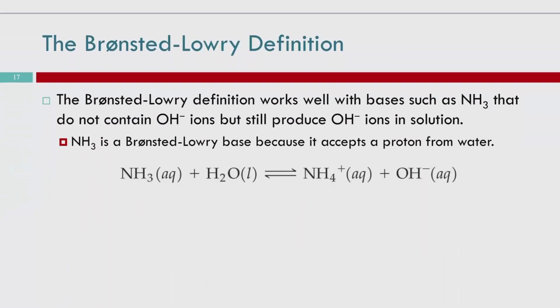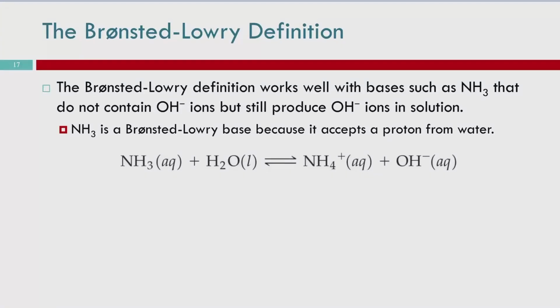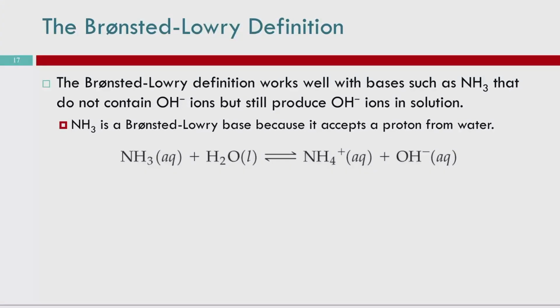It also works for things that are bases, like ammonia, NH3. NH3 doesn't contain OH- ions, but it still produces hydroxide ions in solution. The way that happens is that it actually steals or accepts a proton from water.